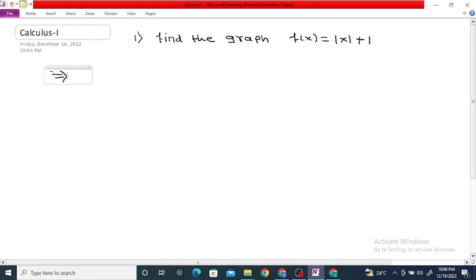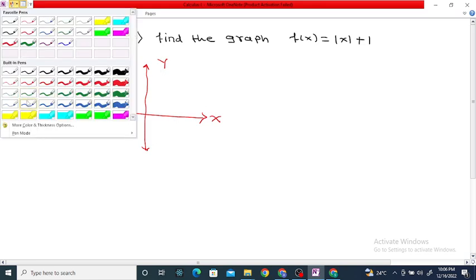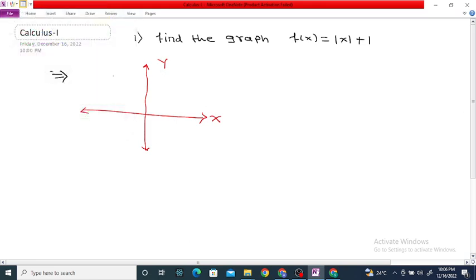We know the graph of the function |x|, with the x-axis and y-axis, is this graph of y = f(x) = |x|. But I want to determine the graph of the function |x| + 1.